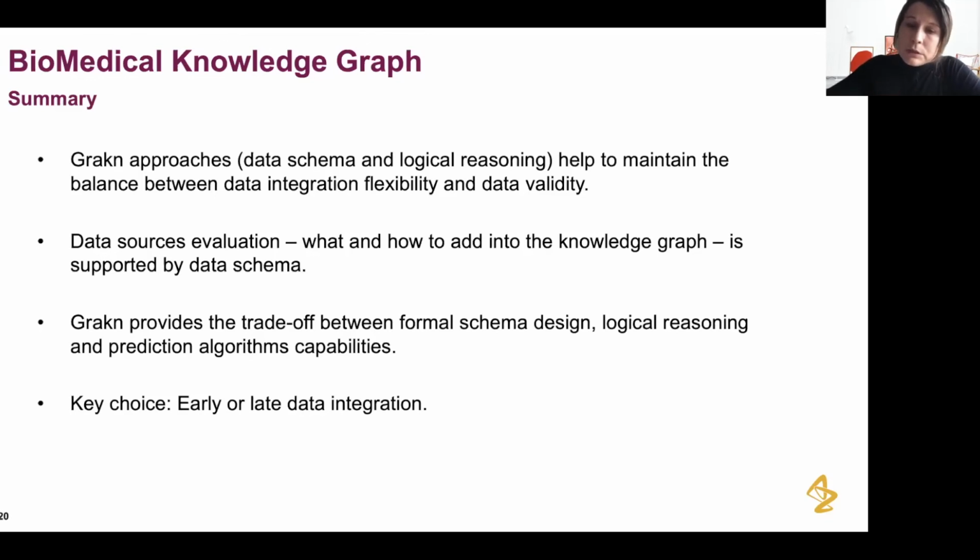And the formal schema is actually quite flexible as well in the Grakn case, because you can add things into the schema later on. And logical reasoning helps you to find this good trade-off, what you are adding into your database.